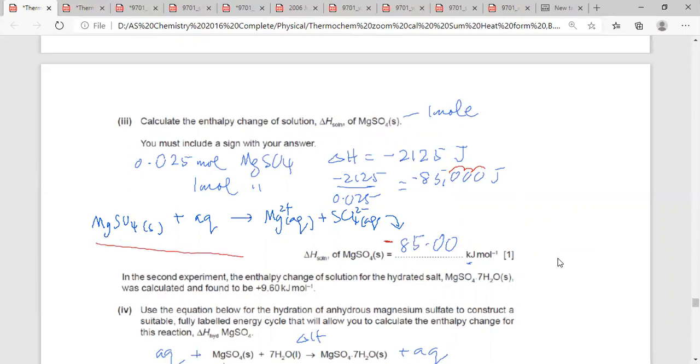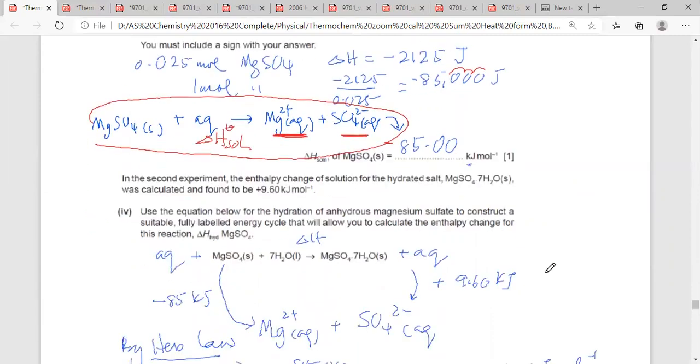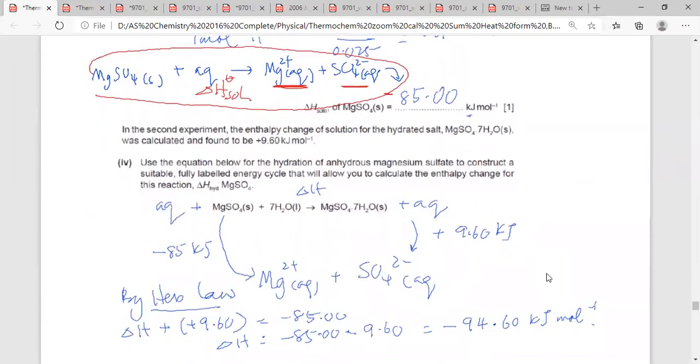Now this is the equation. Remember, this is the heat of solution, because they form the infinite dilution. Now the next one: the second experiment, the enthalpy change of solution for the hydrated salt. That means MgSO4.7H2O, they give you here already.